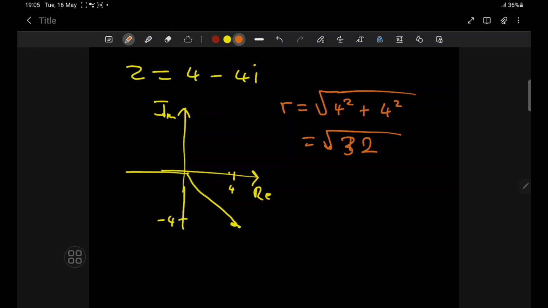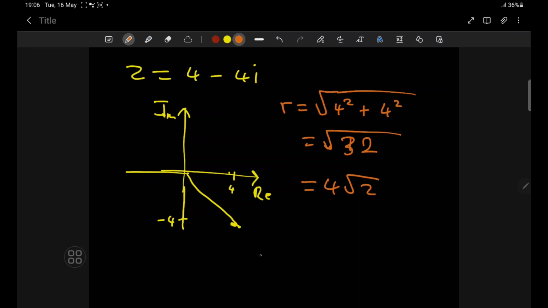Then the square root of 32 is the square root of 16 times 2, so we'll have 4 square root of 2. We've broken down 32 into 16 times 2. The square root of 16 is 4, and then the square root of 2 remains. So this is our r, the modulus.